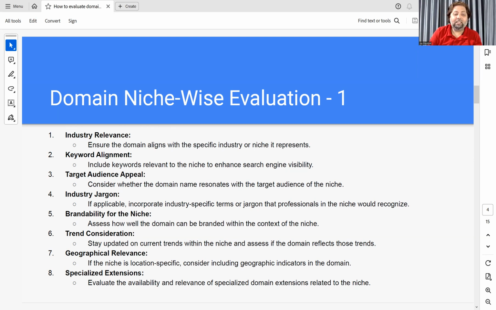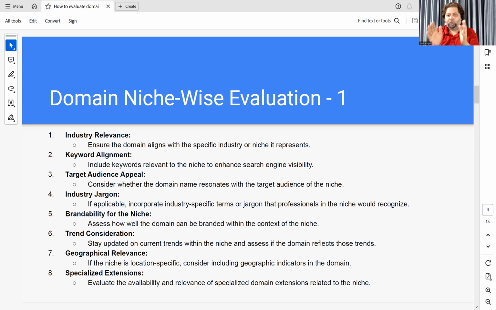Okay. And specialized extension. Of course, if I compare these two domains for Canada, USD 20K, USD 500, oh, 500.